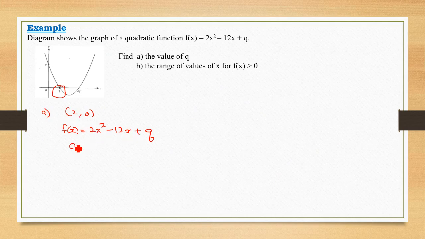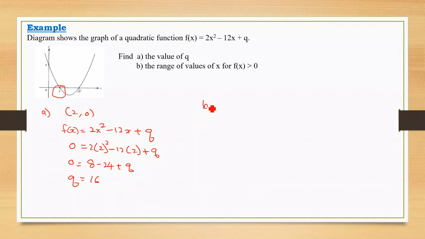So put it in, plus q. So from here, can we find what q is? Solving this equation, we have 8. So we want to find what q is. So q will be equivalent to 16. Just bring it across. So you've answered part A.